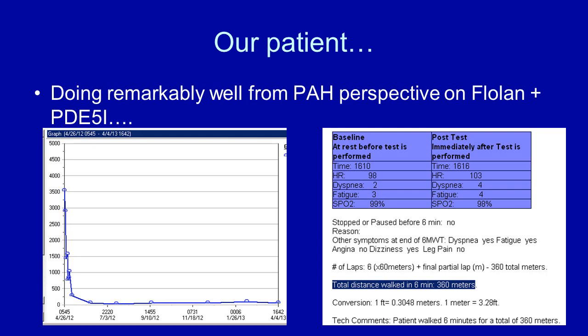By the time we started him on therapy, he was functional class 3-4 in that he was dyspneic at short distances and almost at rest, and he really had a lot of right ventricular pressure and volume overload. And then by the time he was on maximum medical therapy, he was back to what is effectively a normal exercise performance.